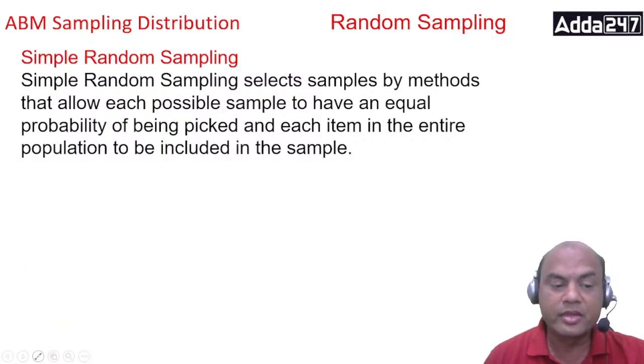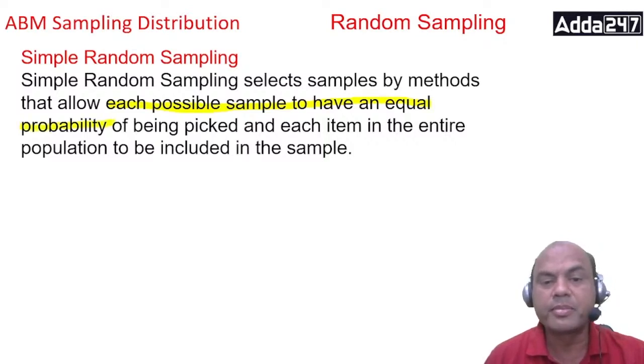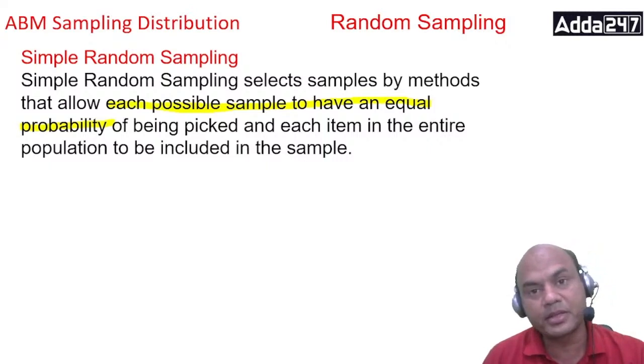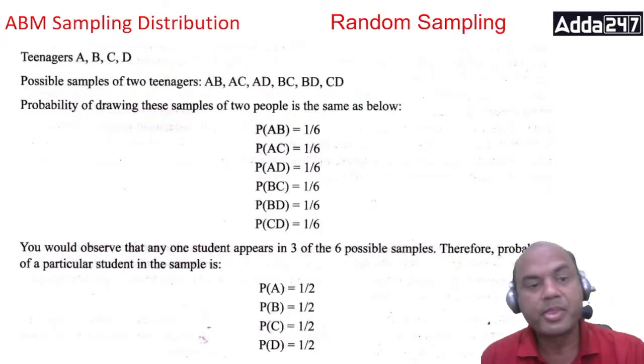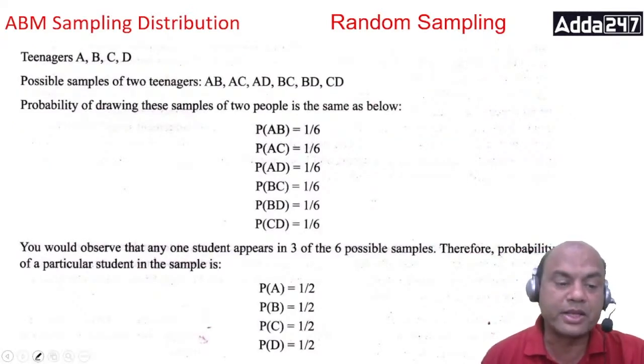Okay. I'll mark this. Hold on. Each possible sample has an equal probability of being picked. And each item in the entire population to be included in the sample. Correct? Now let's look at this for simple random sampling.